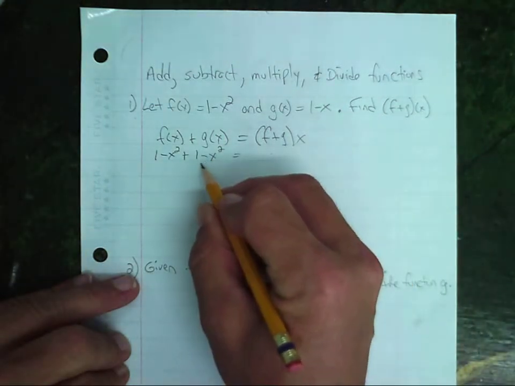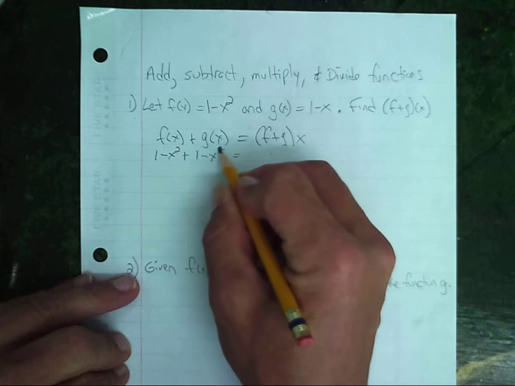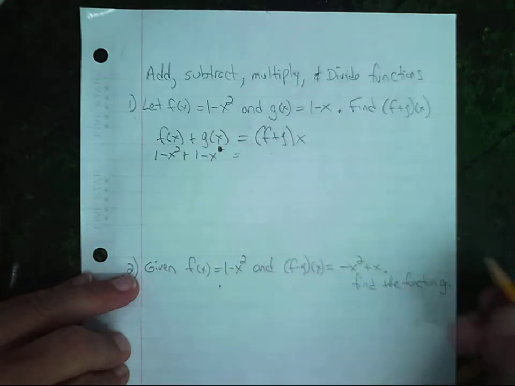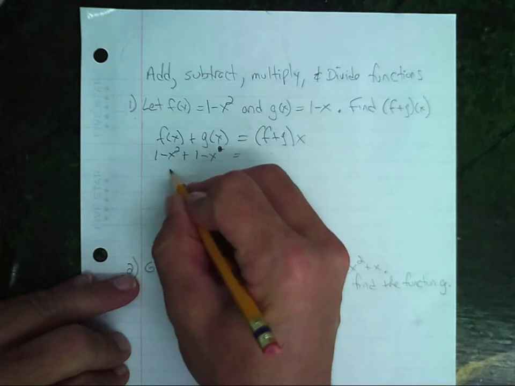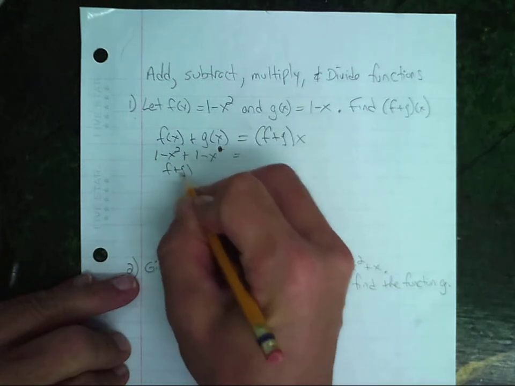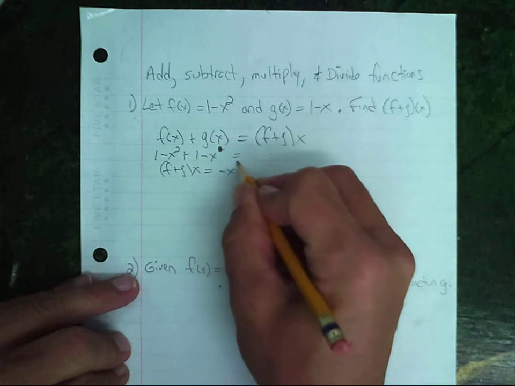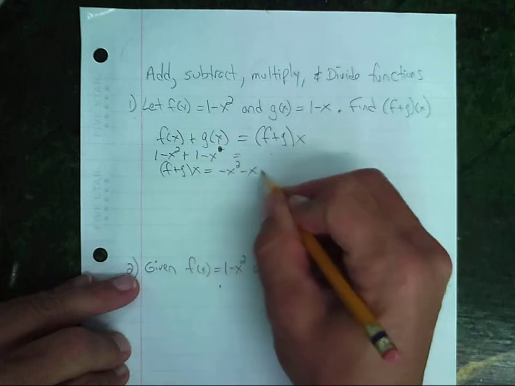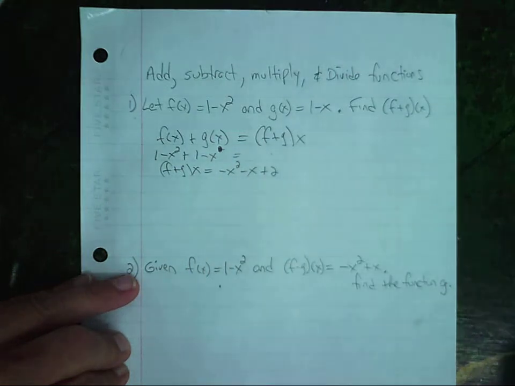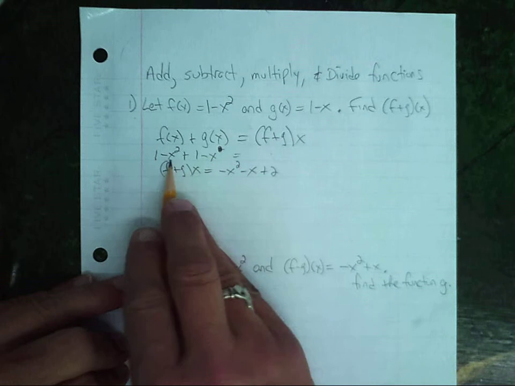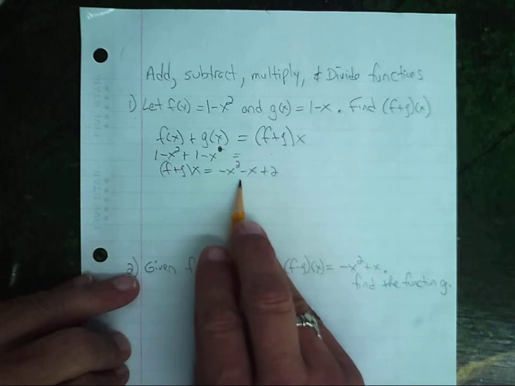Combine like terms together, and you should always write your answer in descending order. So f plus g of x is negative x squared minus x plus 2. Adding the two functions together, f plus g of x.